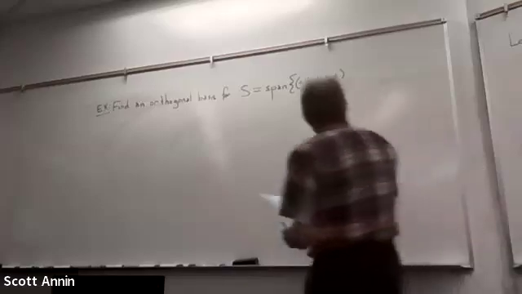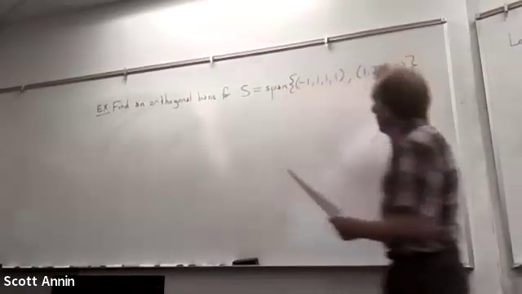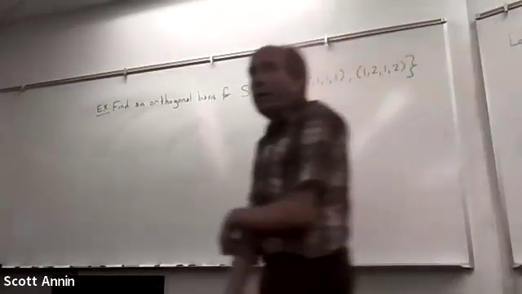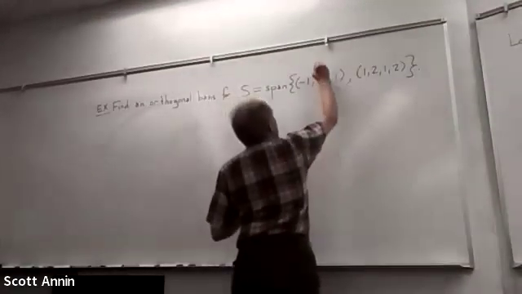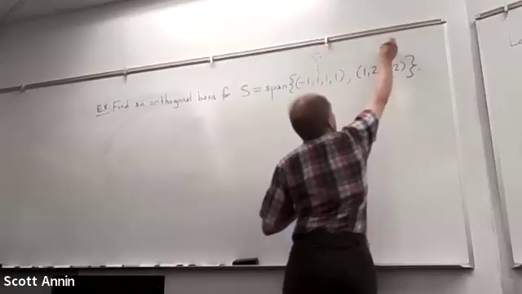And then my second vector is going to be the vector 1, 2, 1, 2. Okay. We'll take this example here. So I have two vectors. I would recommend that we label them. So the first one, I'll call it V1, and the second one, I'll call it V2.